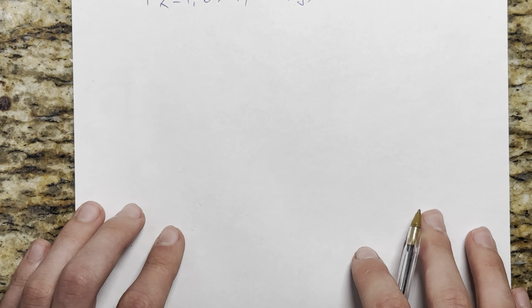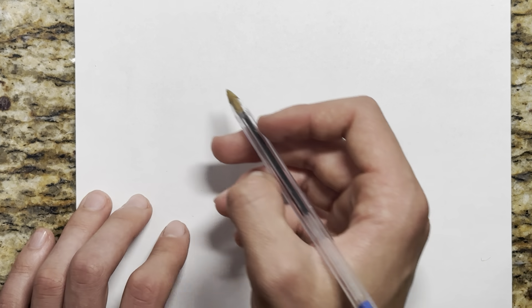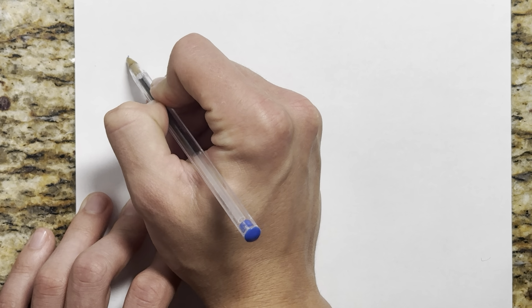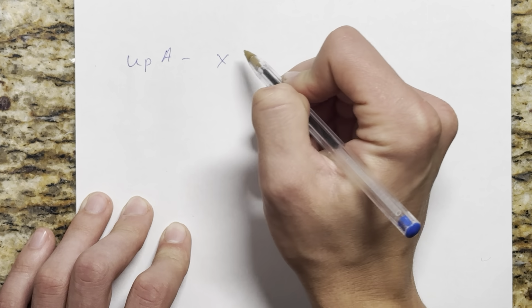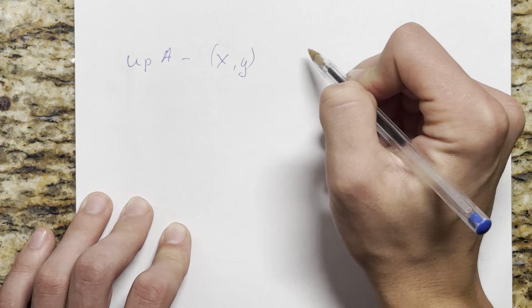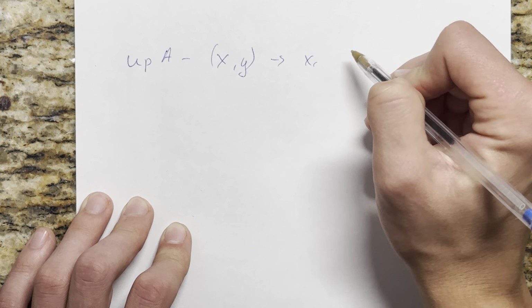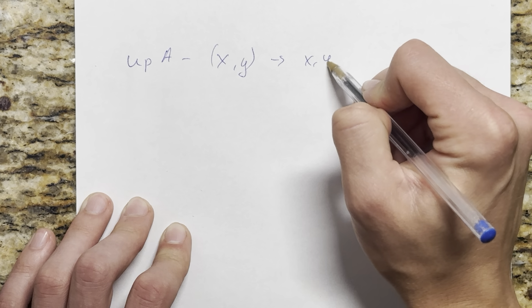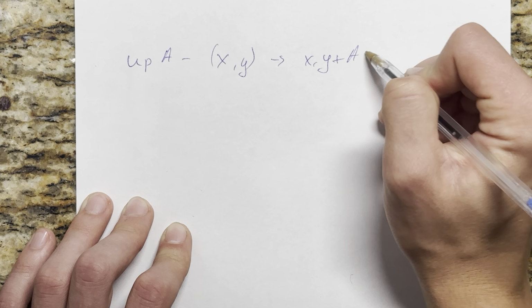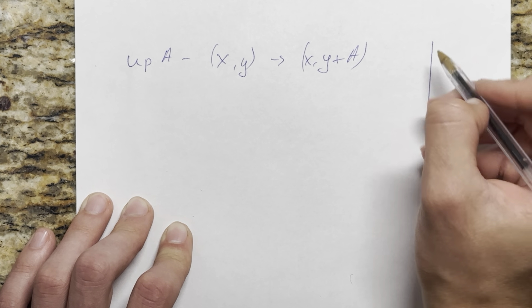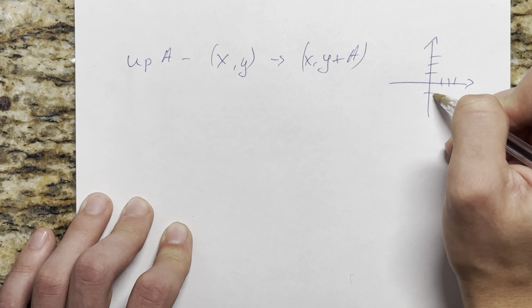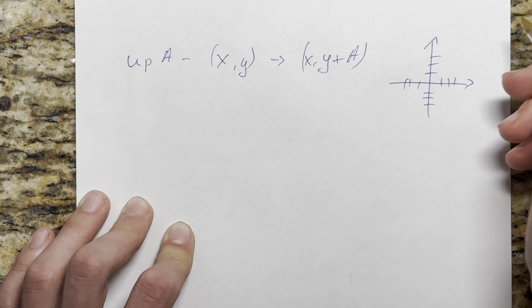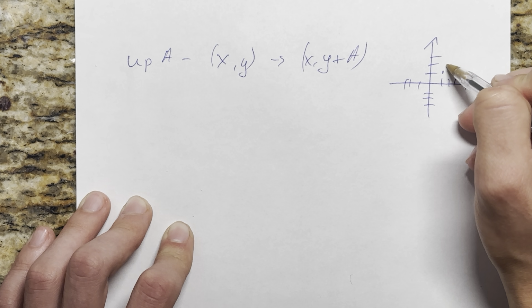Okay, let's try another type. If we want to translate something up by a points from our original point, we'll have to leave the x by itself, and to y add as many points as we want to move by. Let me show you. Our point B is at the coordinate 1, 1.